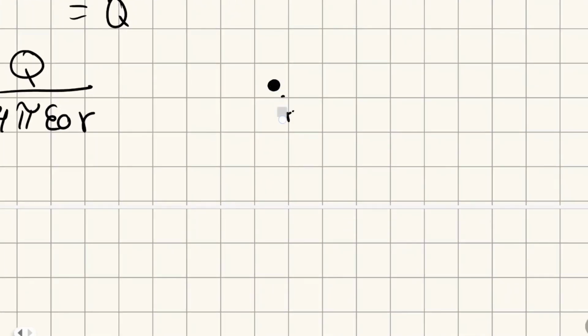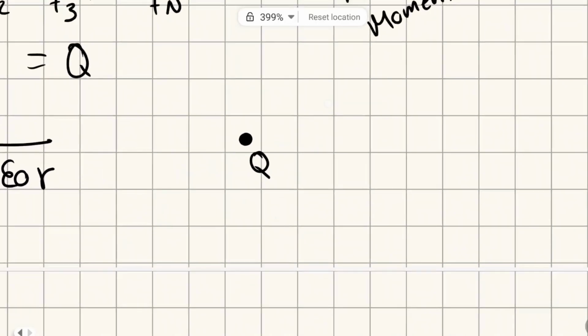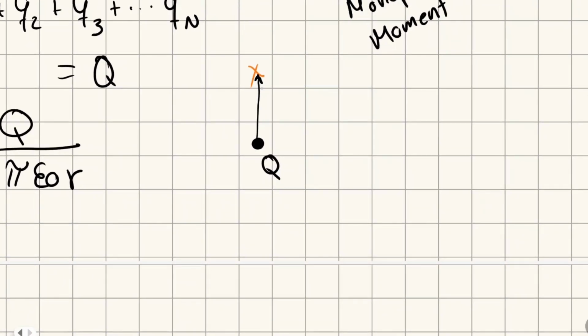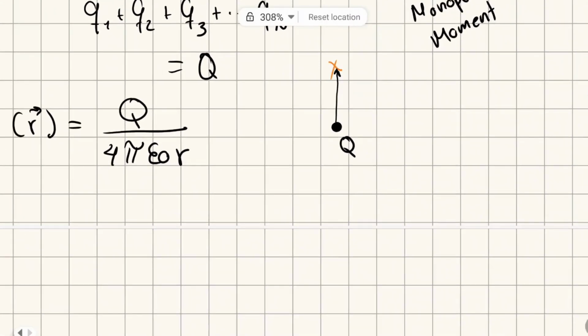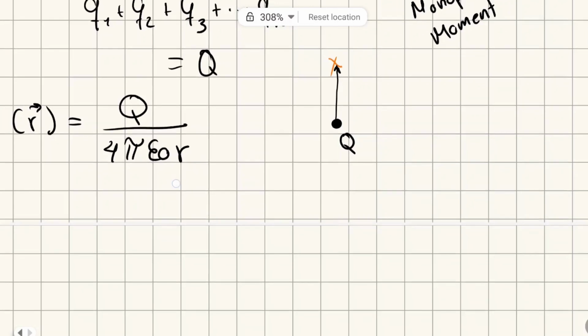If we have a charge Q and we want to measure the electric potential at a point P, it is very easy to calculate that. We just need the distance that separates the point P from the charge, and we use this formula here.